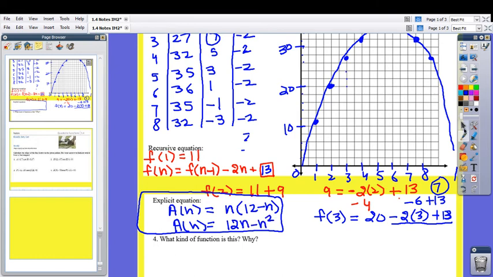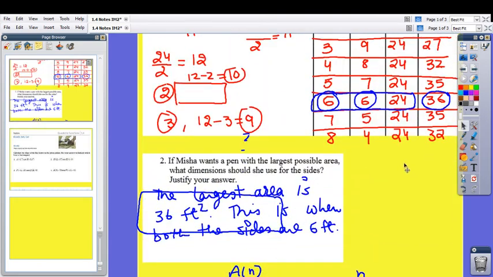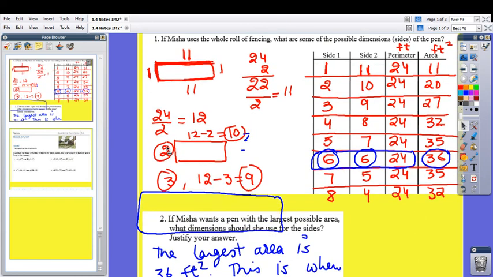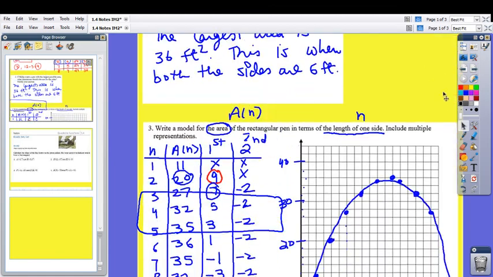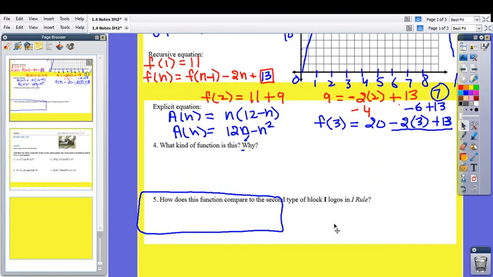How did I get this 12? If you remember, we did this here. So look, if one side was 2, then the other side was 12 take away 2. If one side is 3, it was 12 take away 3. So that's how we figured out that the number we should be subtracting from is 12. Okay.